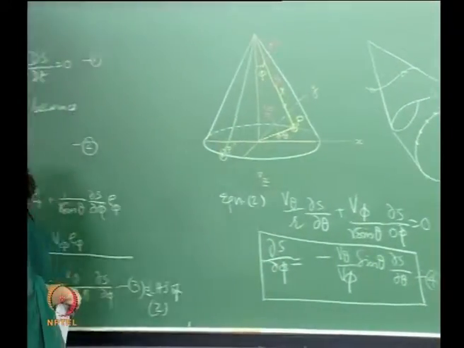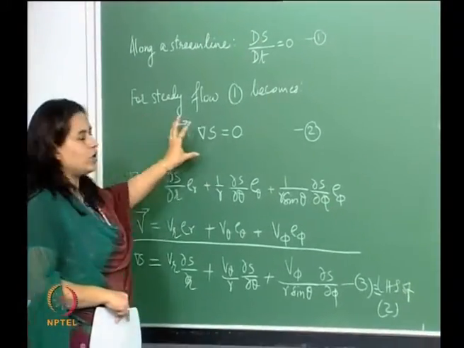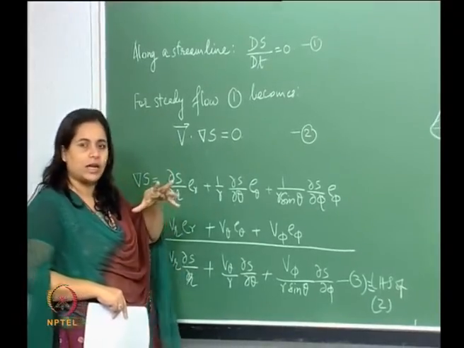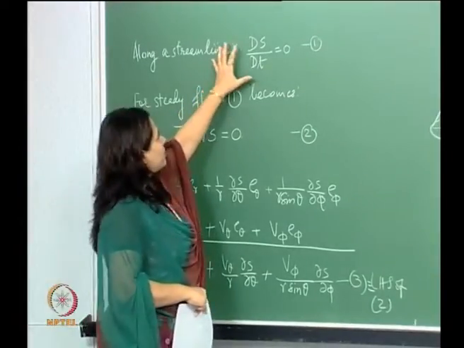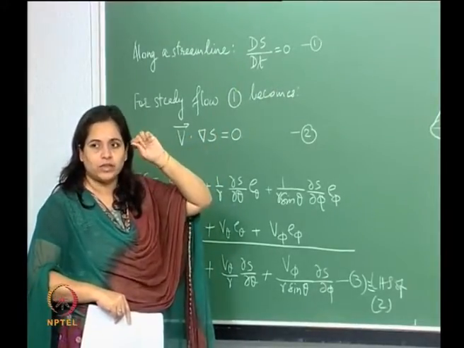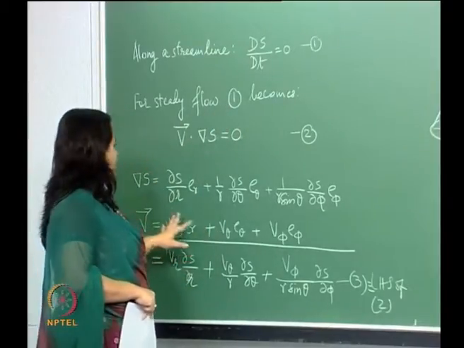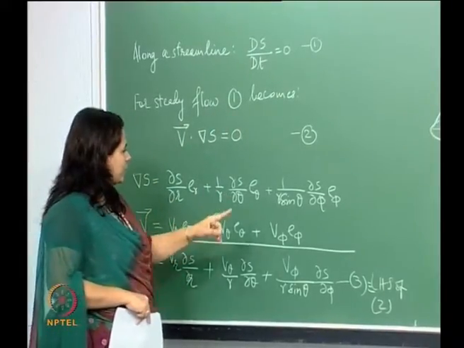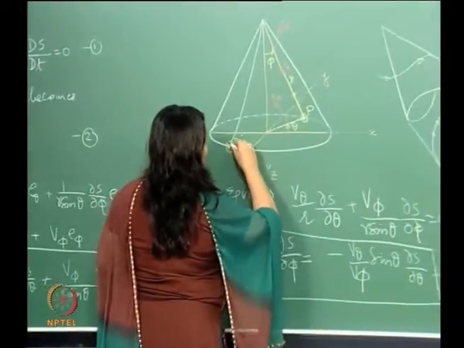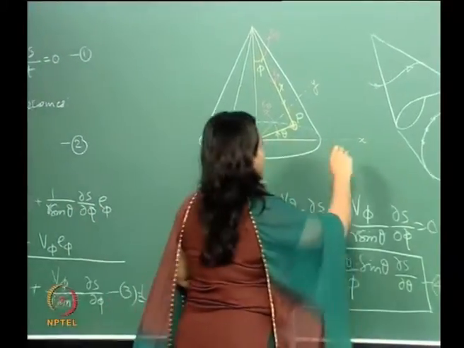The way we got equation 4 is from here. We did not use the physical equation of a straight line, but the fact that the entropy is single valued on a particular streamline. So, when I have this particular streamline, it is moving from P dash to P.